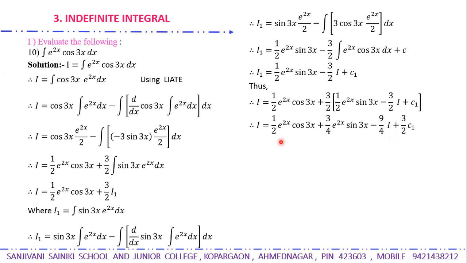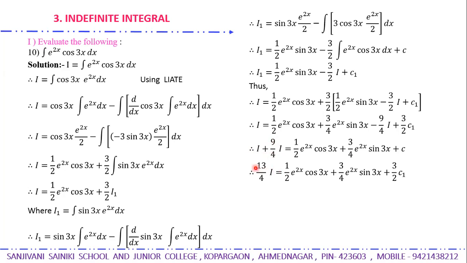Take this term to this side and take 3 by 2 c1 as c. So you will get here 13 by 4 times I is equal to this. Now take this 13 by 4 to the other side, multiply by 4 by 13. I is equal to 2 upon 13 e raised to 2x cos 3x plus 3 upon 13 e raised to 2x sin 3x plus 2 upon 13 times c1.